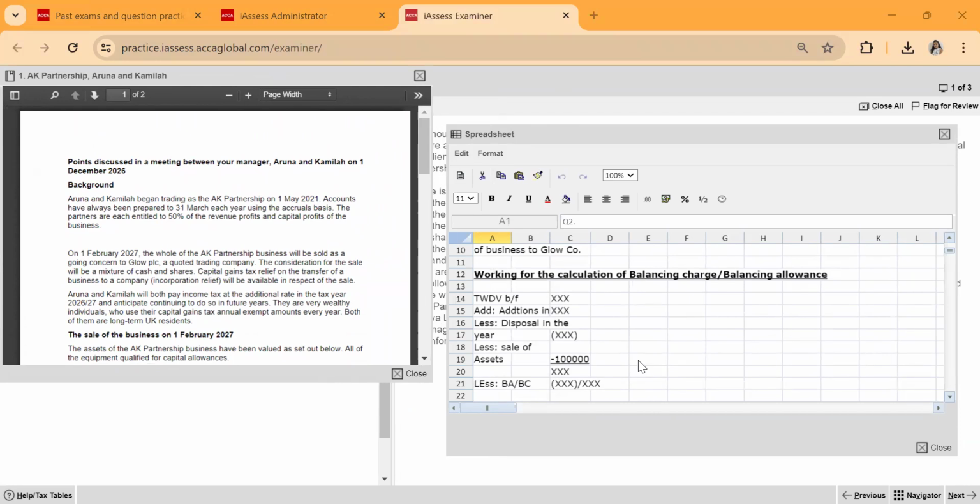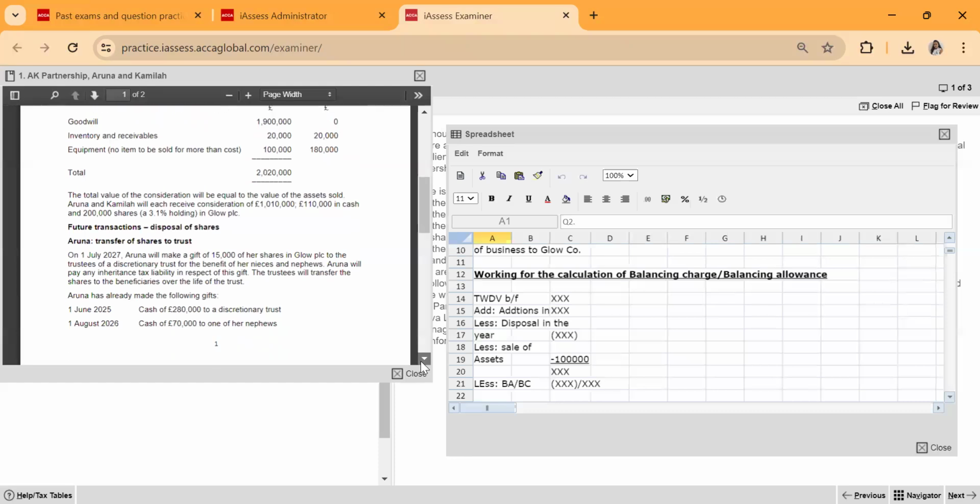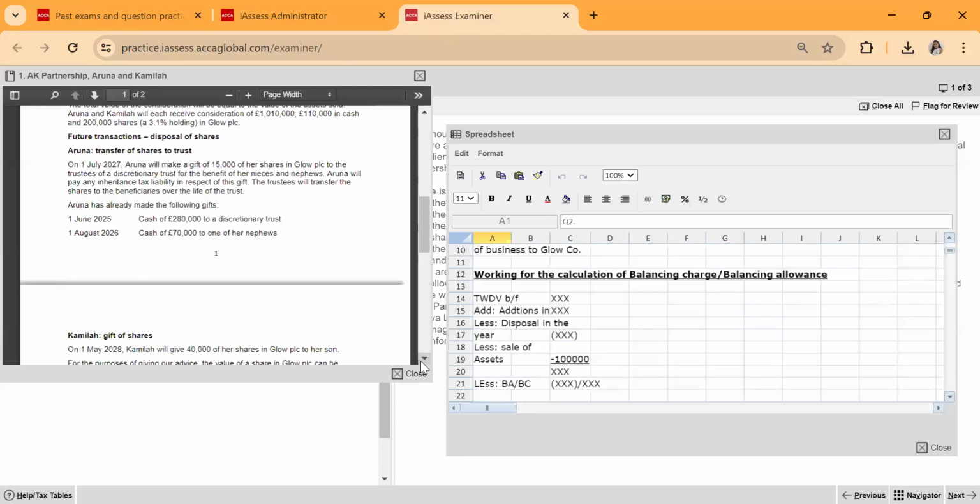Okay, so now we're just doing the calculation for the trust. So look at my screen, please. We will just go to this trust part. Here, you can see there is a trust part, the transfer of shares to the trust. So on 1st July 27, now here parallelly, I will do the working.